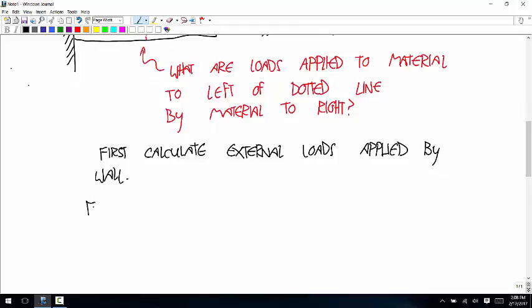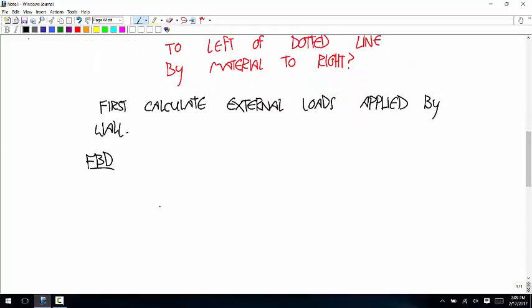Okay, so free body diagram of the whole beam. So this time, over at the wall is a fixed joint. So we have a full force vector.